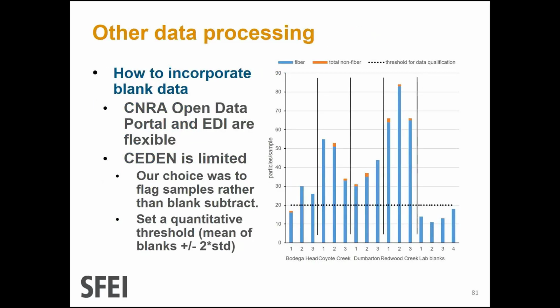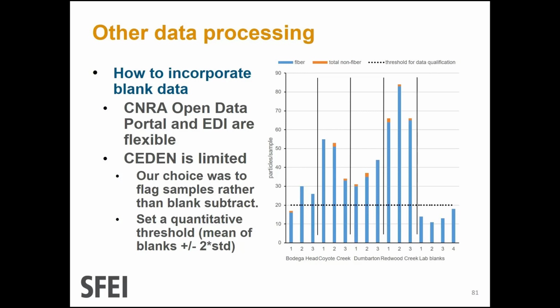The other thing we had to do in data processing is deciding how to incorporate blank data. The data portals are both flexible, and so we're submitting all of the blank data to those two sites. That will allow people to assess their needs and use the data appropriately for their needs.